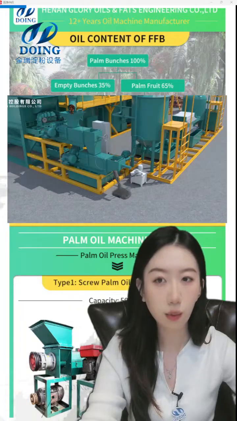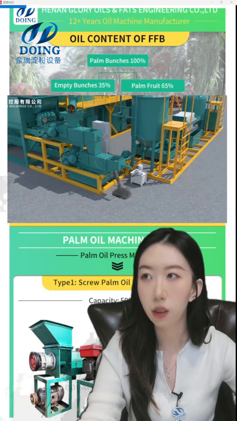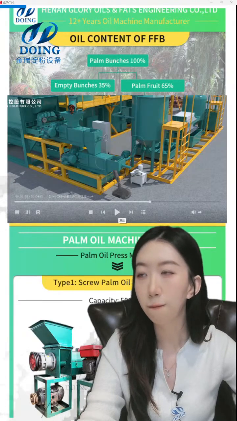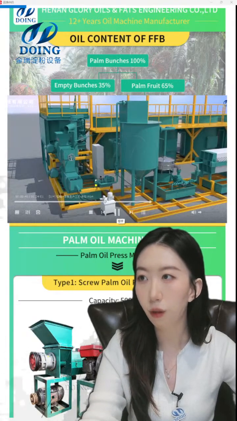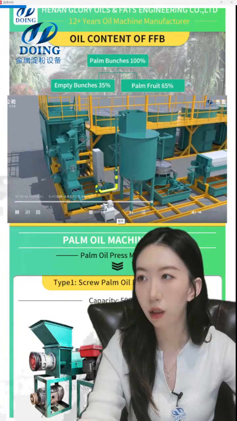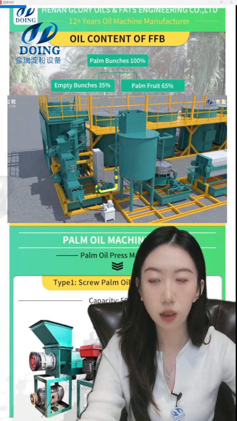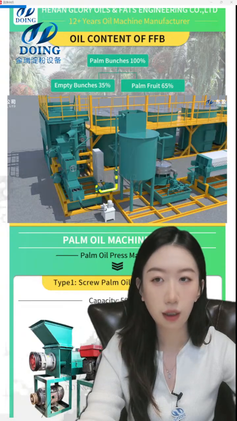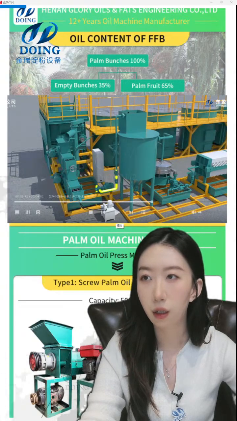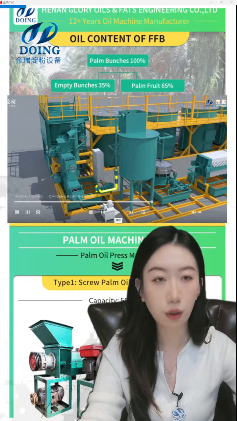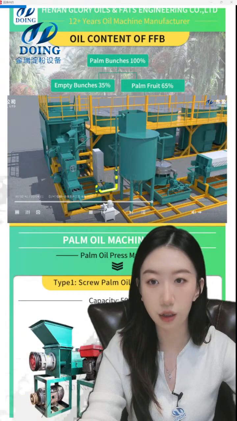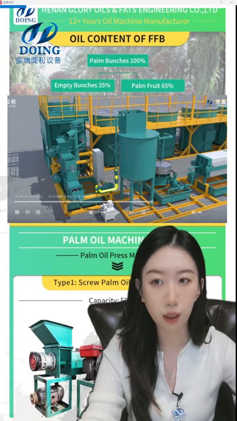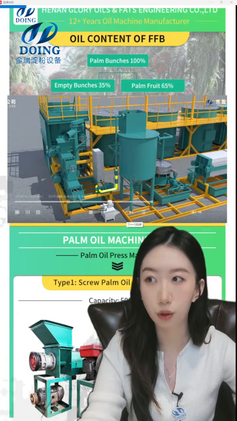In the production line, we always use the double screw palm oil presser. The double screw palm oil presser has high yield and a high degree of automation. And this double screw palm oil presser is suitable for production lines.